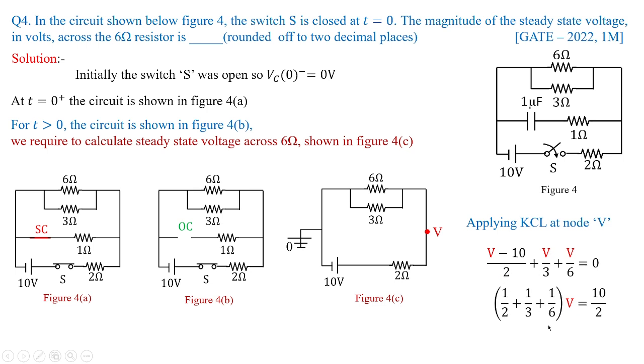So 1 by 2 plus 1 by 3 plus 1 by 6 times V equal to 10 by 2, which is taken on the right side. You have to take the proper LCM. With that, you'll get the value of V equivalent to 5 volts. So the answer is 5 volts. Now we round to two decimal places, so 5.00 is the value. That is the final answer for this problem.